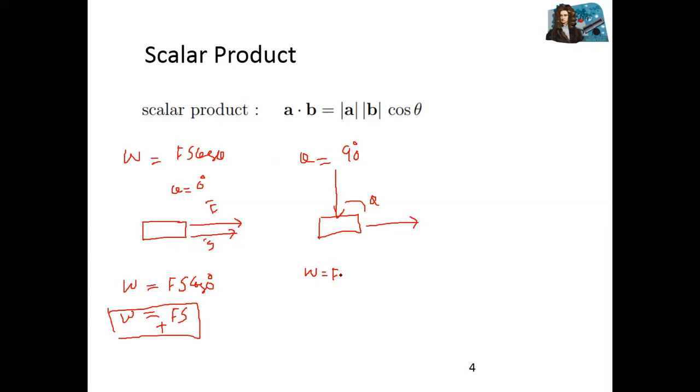Work done is F s into cosine of 90 degrees, and cosine of 90 degrees is equal to 0. Zero multiplied with anything is equal to 0. So you cannot do work on this body because you are applying force downward and you want to move this body in the x-axis direction. So no work done is possible because the angle between these two is 90 degrees. Correct?